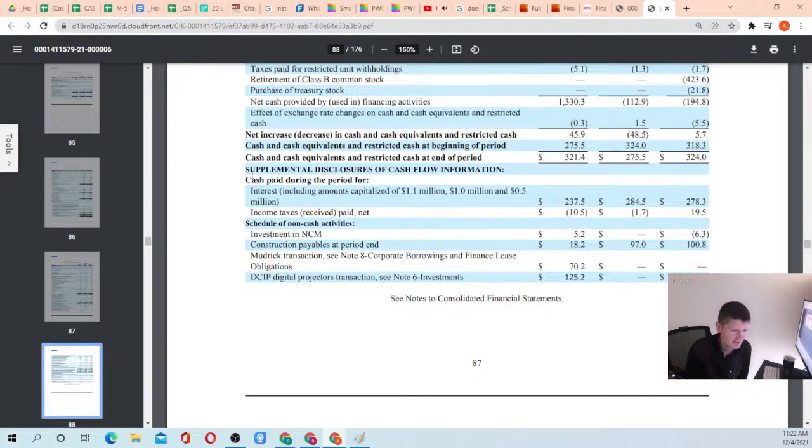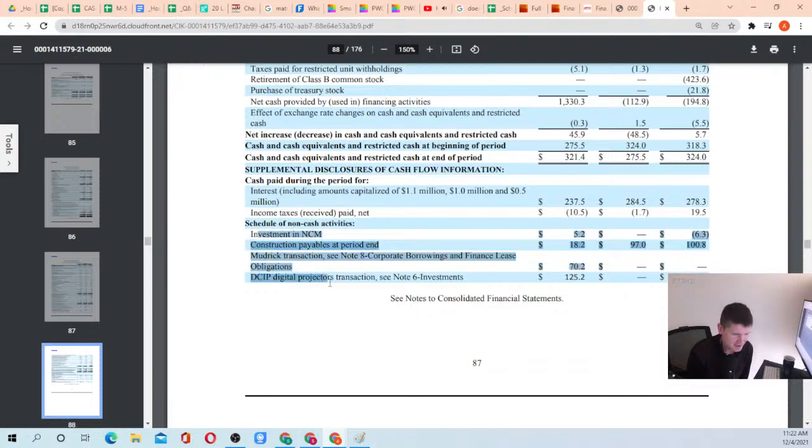We have supplemental disclosures of cash flow information, and we have cash paid during the period for interest and income taxes, and then we have a schedule of non-cash activities. Construction payables at period end. So that's basically your non-cash investing activities.